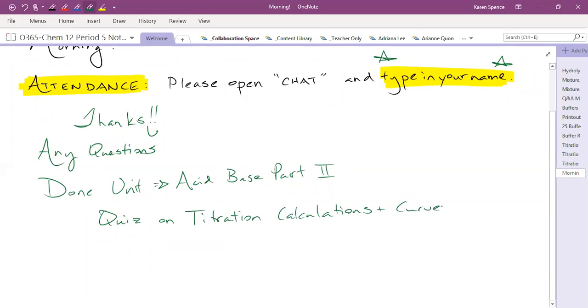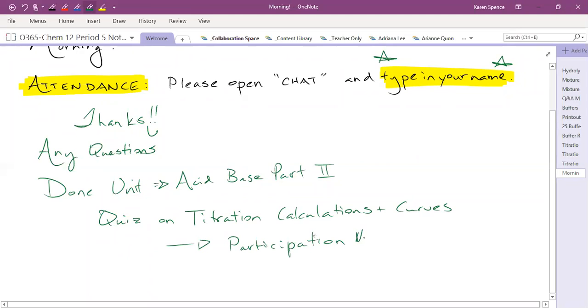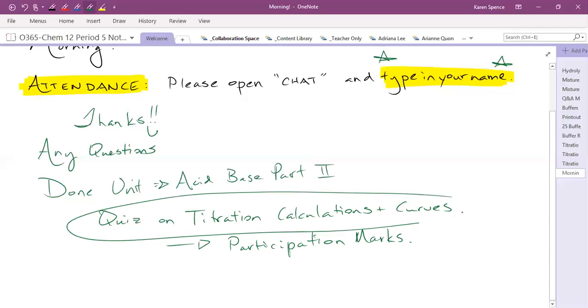Remember, these are for participation marks. But I don't want to give it to you until after you've done the worksheet on titration curves and had a chance to ask some questions about it. So we'll look at that for next week. I'll have to figure out when we're going to do that next week.